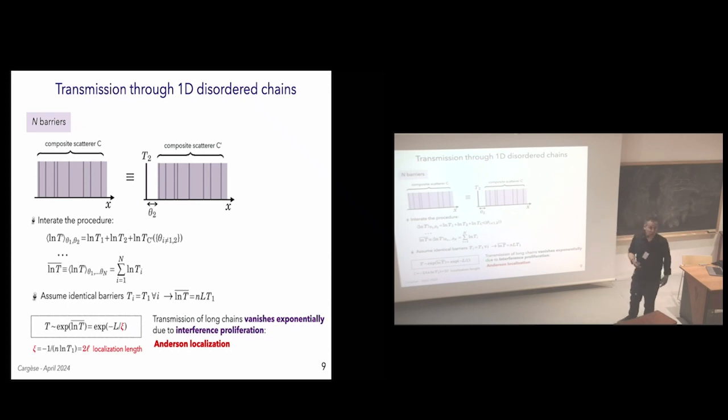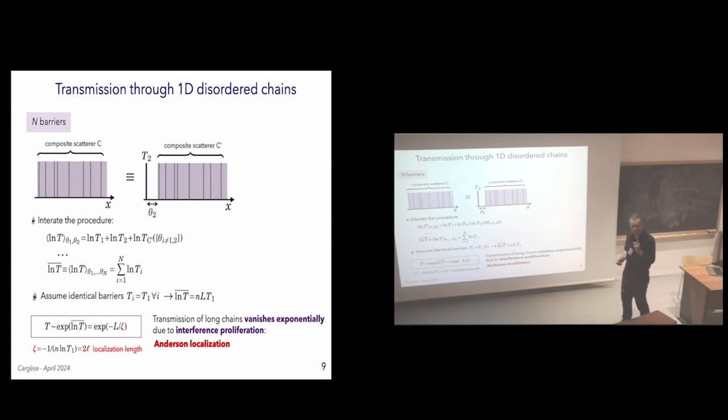In other words, the effective transmission, obtained by taking the exponential of this, decays exponentially with the system size. This exponential decay is due to this proliferation of interference. So that's a manifestation of Anderson localization. You send a quantum particle, you have a proliferation of interference, and the transmission is not at all given by diffusion. It's exponentially decaying with the sample size.